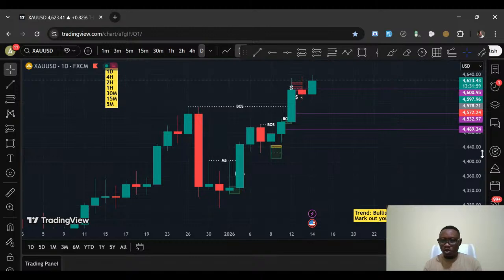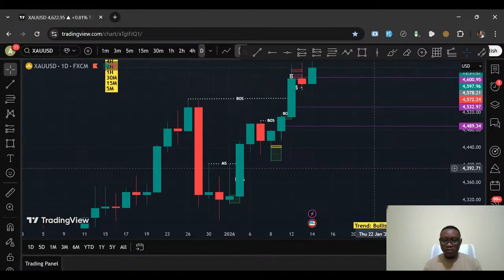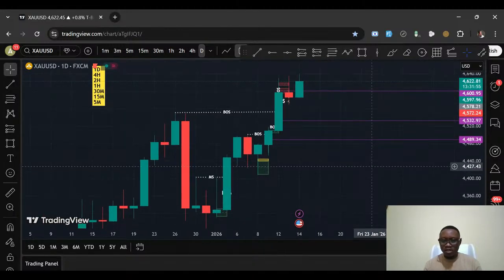First and foremost, what is the market doing on the daily time frame? This is where the big banks, the big financial institutions, make trade decisions, right? That is why we come here to look at their perspective of the market. Now, like I used to tell you guys, the first thing you want to do on the daily time frame is structure first.